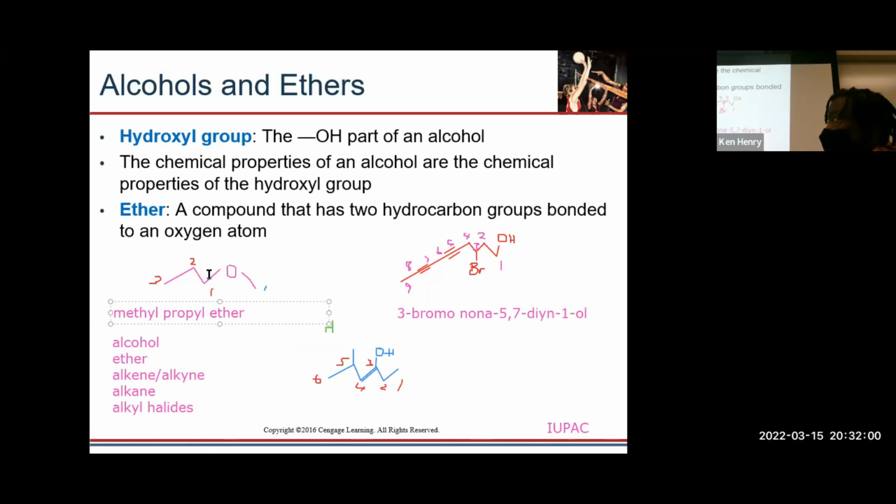This side is the methyl, a 3-carbon chain is propyl, and the fact that there's an oxygen there makes it an ether. That is its common name, and it is the most commonly used name for ethers.